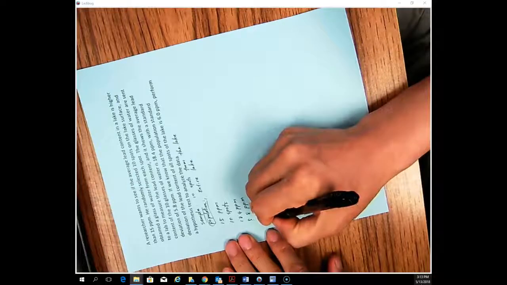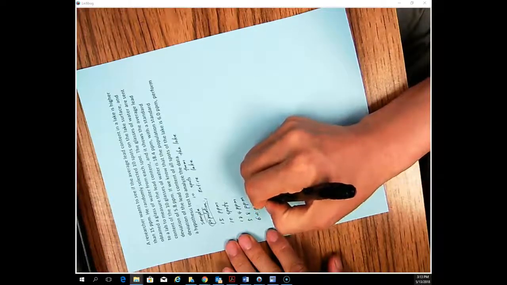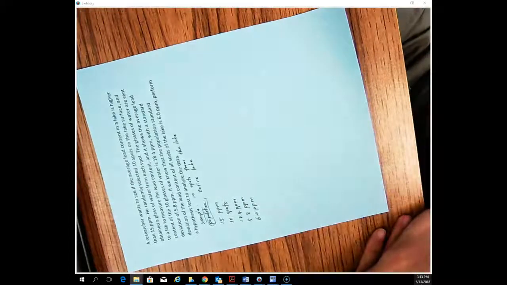Then we have 6.0 ppm. So we need to know what each of the number represent and what are they. Okay. So basically, are they parameters or statistic? And if they're parameters, which parameter is it? If they're statistic, which statistic is it?